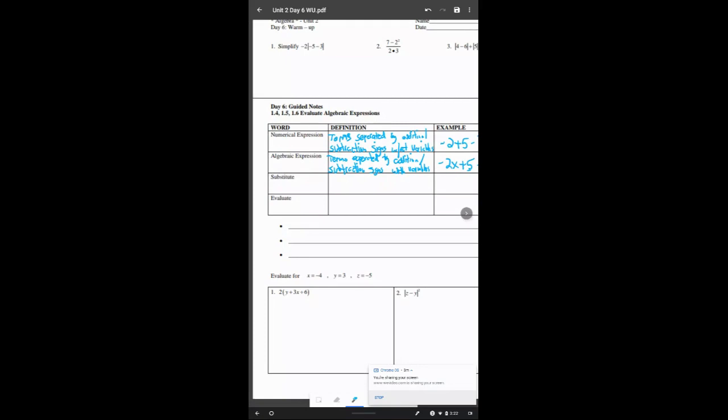So when we're talking about substituting, we're talking about an algebraic expression. So this is when we're going to replace one of those letters in our algebraic expressions, to replace a variable with a number. So that's all we're going to do when we substitute, is just replace.